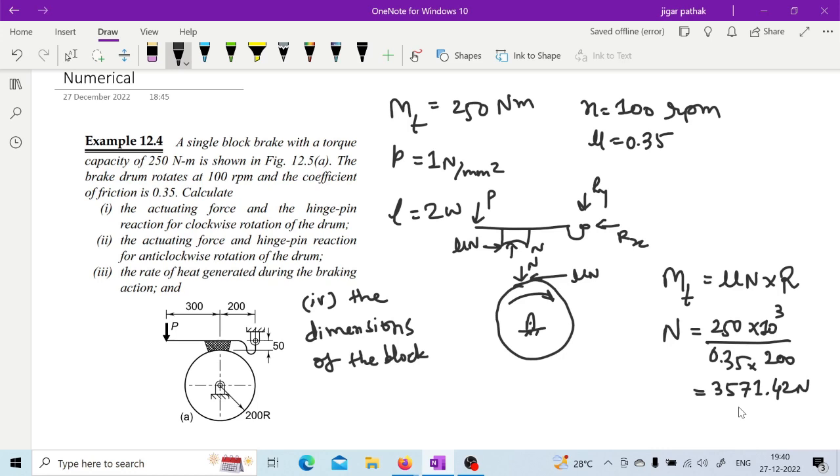Now you can take moment about the hinge pin. Right, this may be your hinge pin. So you are given all the distances, right?